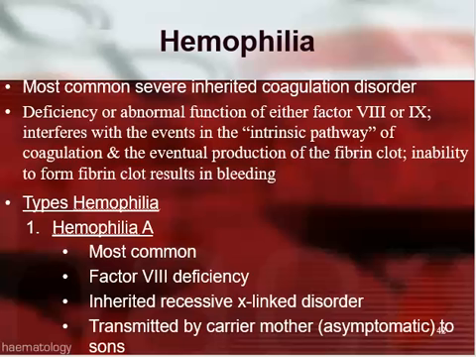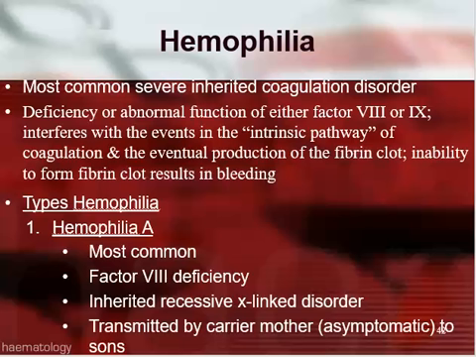And it's a recessive X-linked disorder. So that means that it's a recessive gene on the X chromosome. So it is possible for women to have it if the father has it and the mother is a carrier. So two X chromosomes both with the deficient gene will allow this to happen.